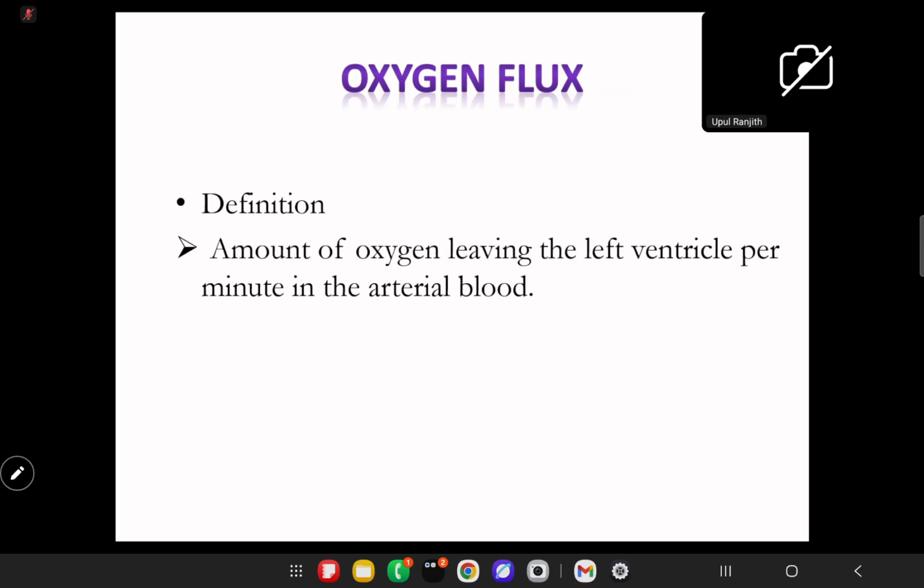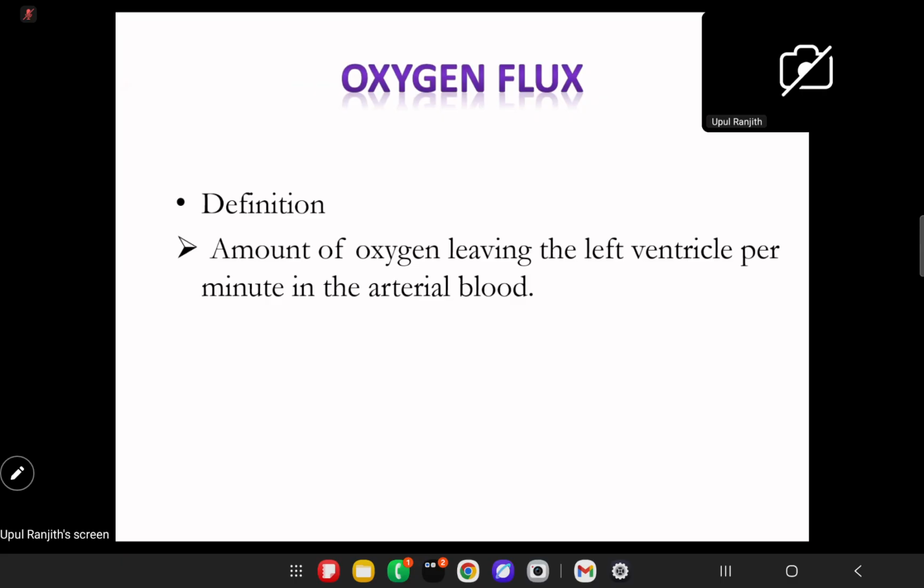If you look at the oxygen flux, what is the definition of oxygen flux? The amount of oxygen leaving the left ventricle per minute in the artery.